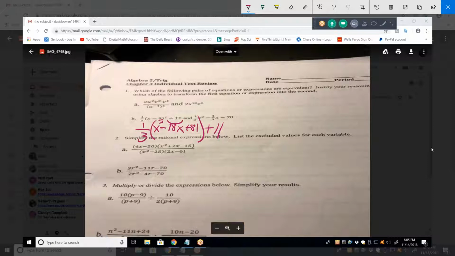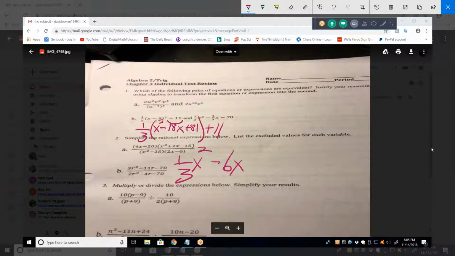Well, 1/3 x squared. And then, I don't really know what 1/3 times 18 is. You don't know what 18 divided by 3 is? Oh. 6. Yeah. And then it's minus 6x.